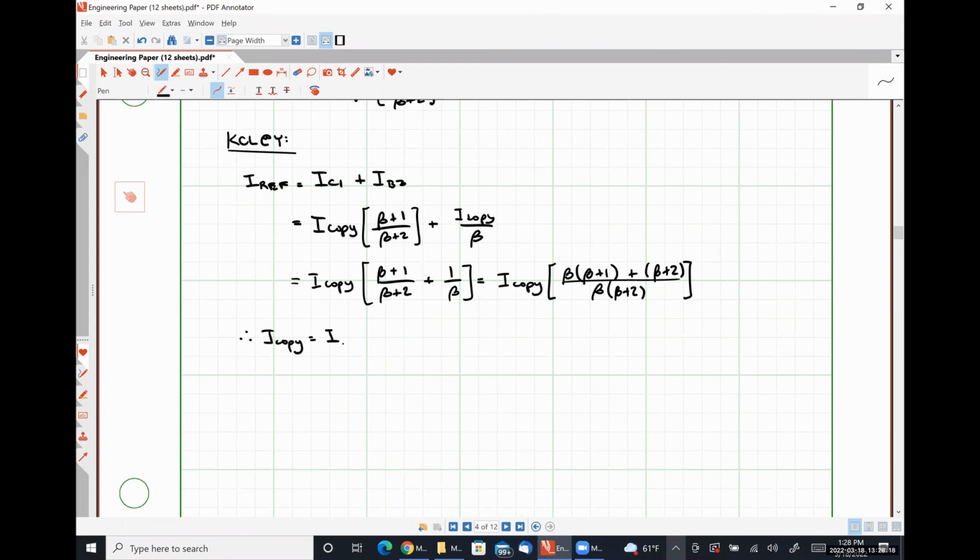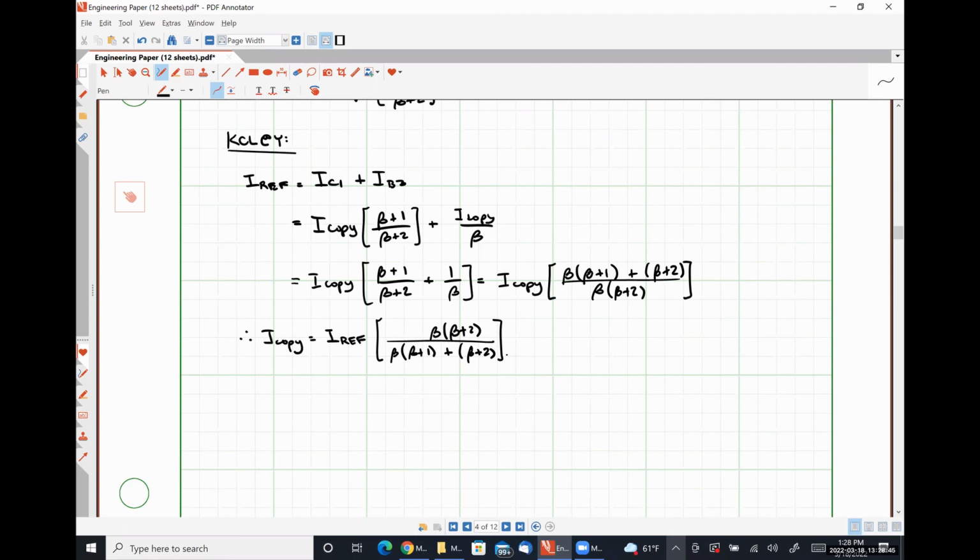And therefore I copy is IREF times beta plus 2 over beta times beta plus 1 plus beta plus 2. So this is our current transfer function effectively.